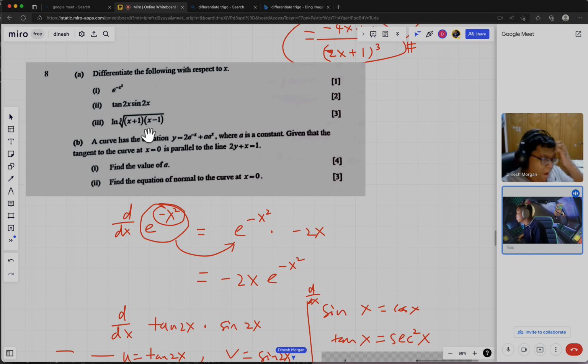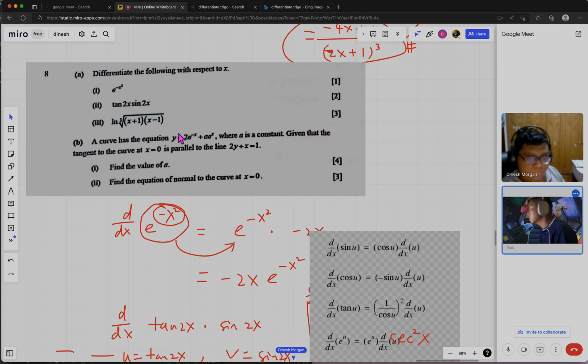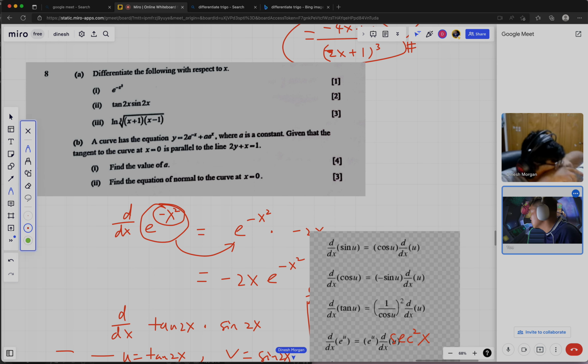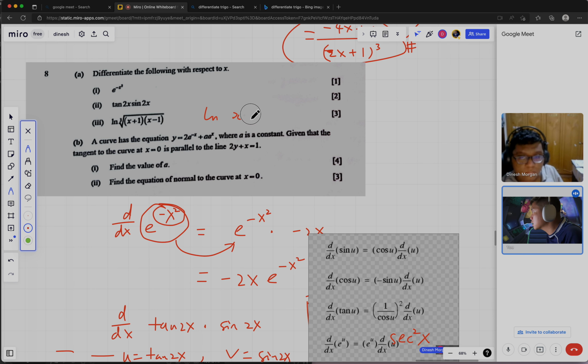Then the last one, which is the ln. Do I have the ln next to me? It's 1 over x, right? Yes. So for this one, you can see it this way. You have x plus 1, x minus 1, then to the power of 1/3, since a cube root is to the power of 1/3.